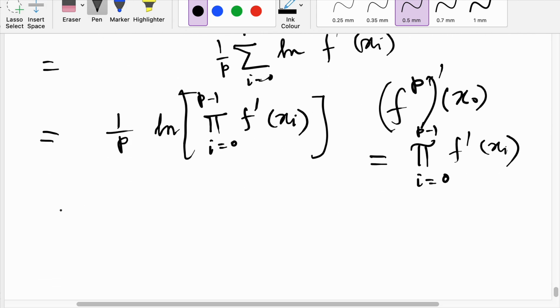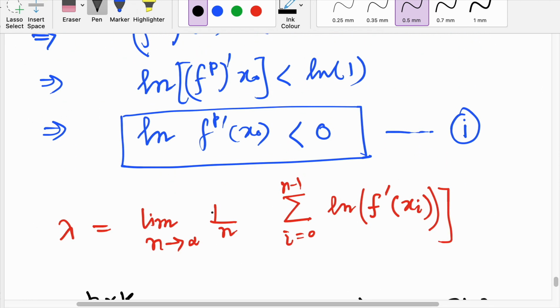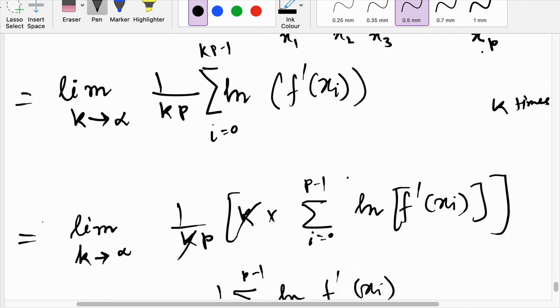So this could be written as 1 by p ln f p prime x0, and we know that f p prime x0 is less than 0.